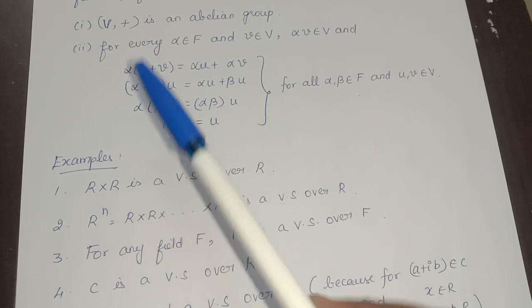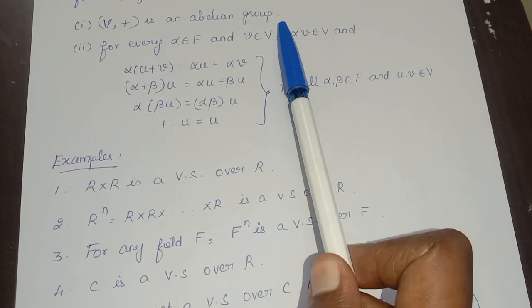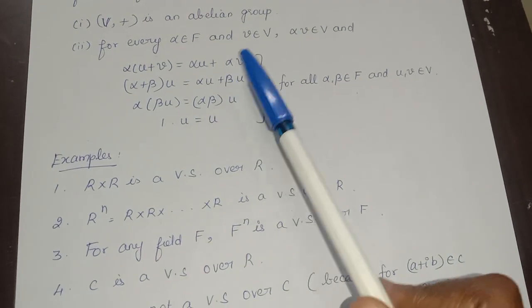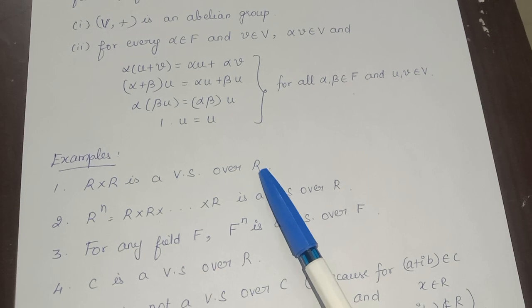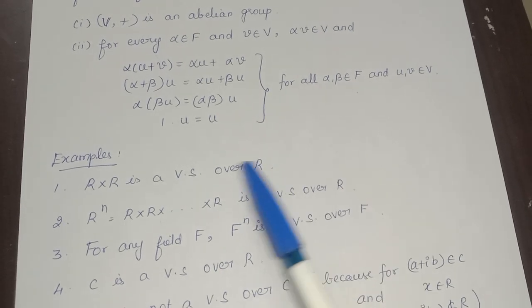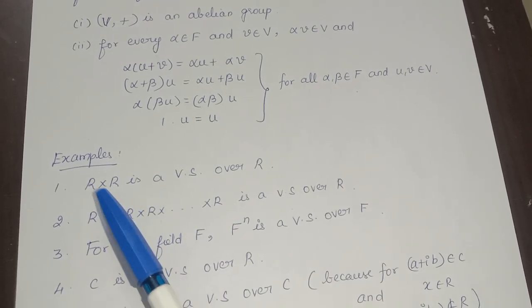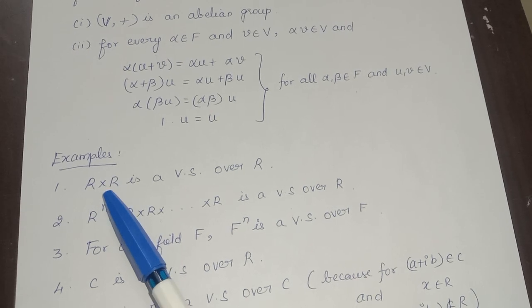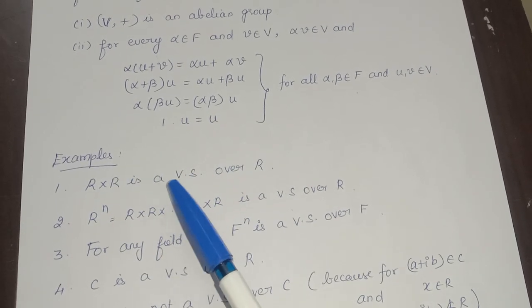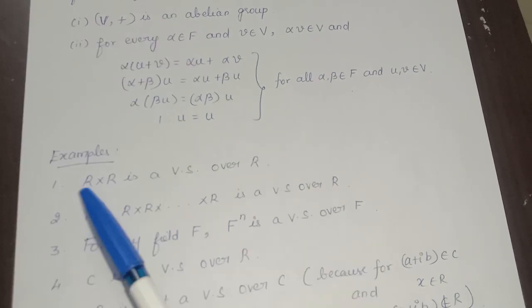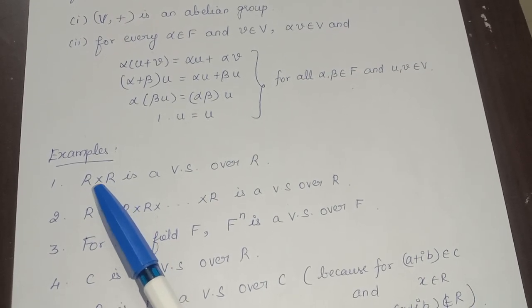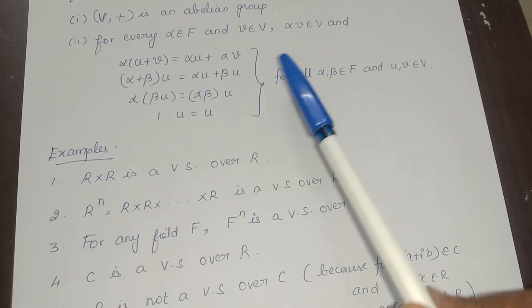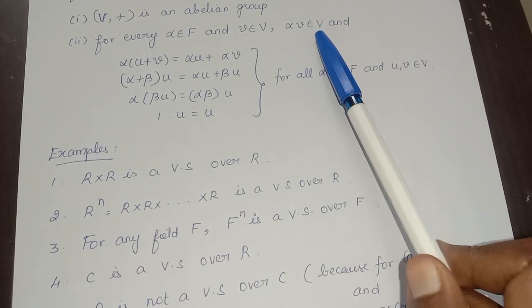Clearly we know it is an abelian group with respect to addition. And then what about these properties? If you take any scalar from the field, then the product will also belong to R cross R, because everything is R only. If you multiply a real number with (x, y), it will again be an element of R cross R. So this condition is also satisfied.